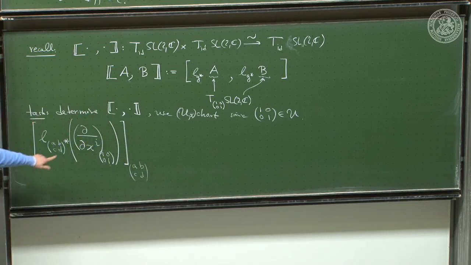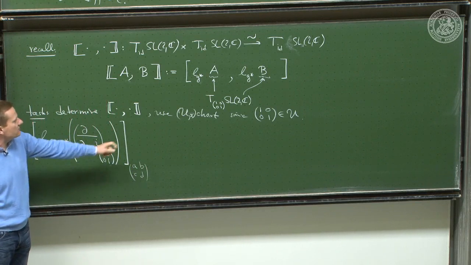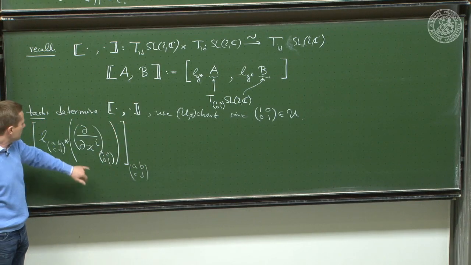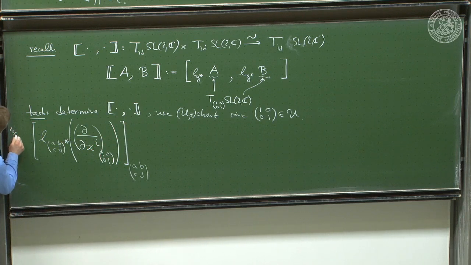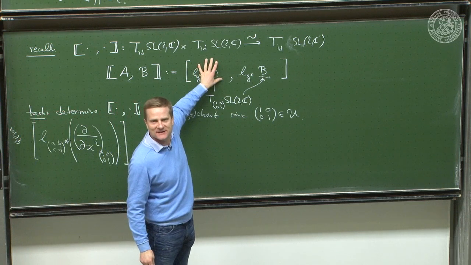So I take a tangent vector at the identity, the ith tangent vector in this coordinate system, but it's just clever to use that. And then I do this for i equals 1, 2, 3, I can calculate this, and this calculates this first bit. That's the idea.